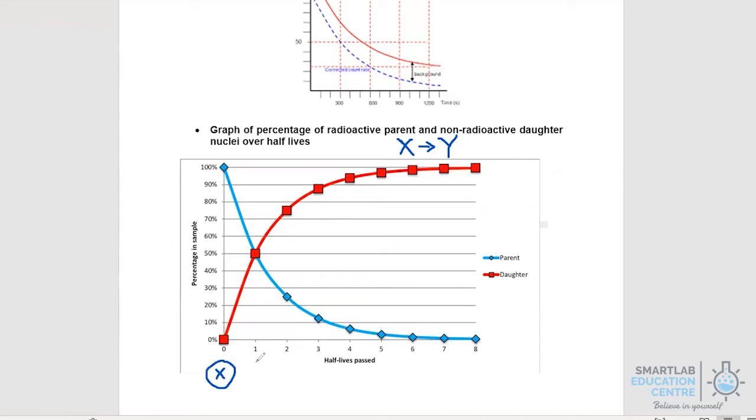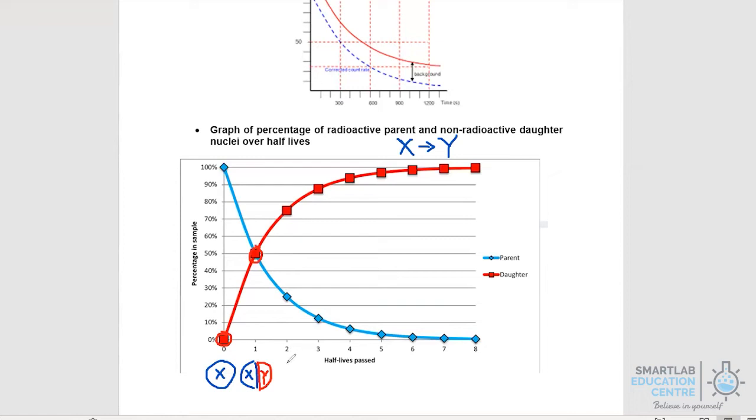And after one half-life, half of X is converted to Y, which is your daughter nuclei. And so the number of daughter nuclei that you have will increase from 0 to 50%.